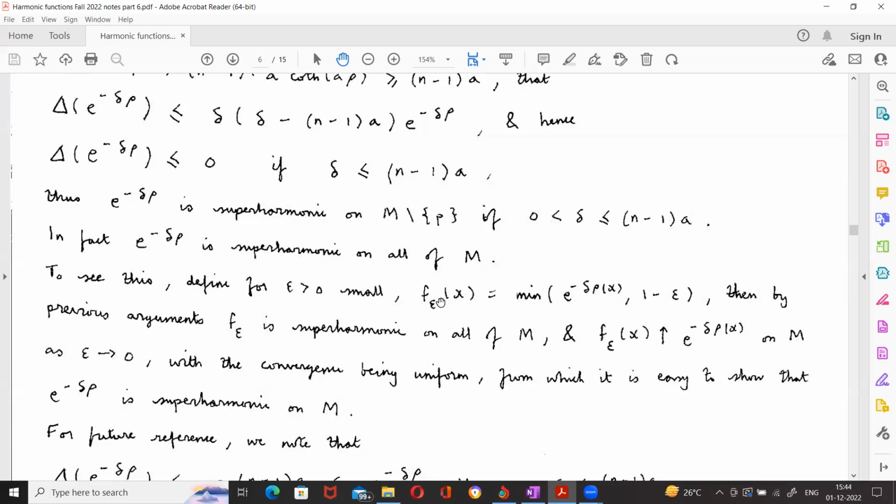Okay. So these functions f epsilon are superharmonic. And as epsilon tends to 0, you can see these converge uniformly to e to the minus delta rho. And so a uniform limit of superharmonic functions will also be superharmonic.